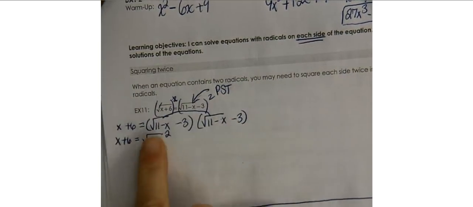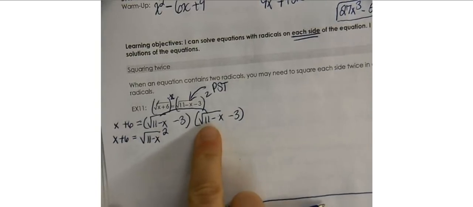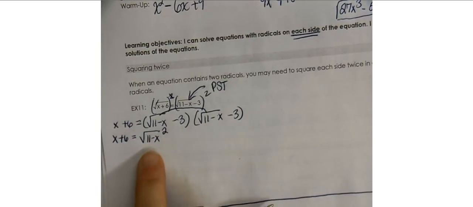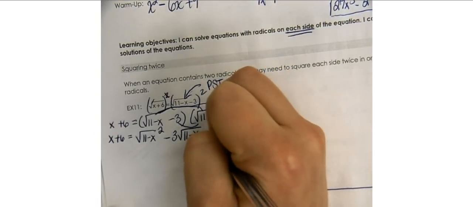Whenever you multiply two things that are exactly the same to each other, we're going to end up with a squared answer. Then I'm going to multiply the square root of 11 minus x times negative 3, so that's minus 3 times the square root of 11 minus x. The negative 3 times the square root of 11 minus x is minus 3 times the square root of 11 minus x.